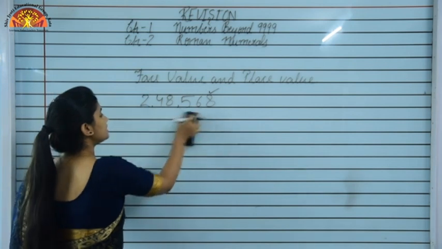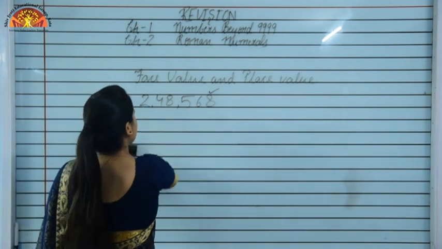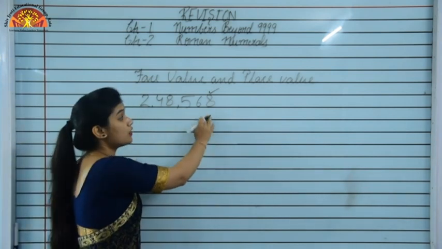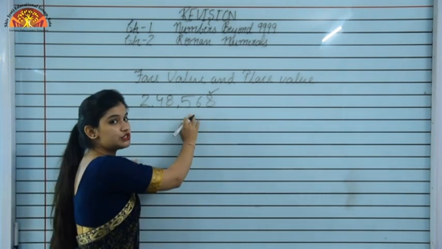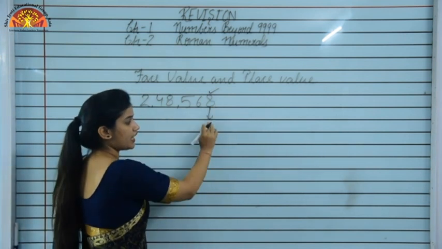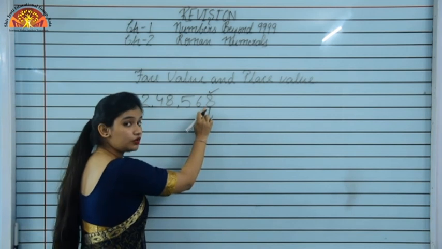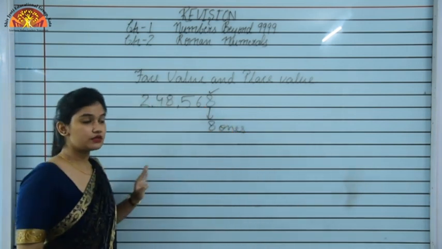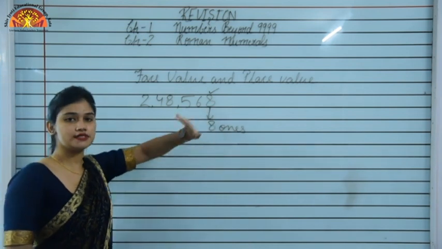Now to find the place values, we have to observe the position of a digit. At which position is your digit coming? Now look, the first digit is coming at ones place, so the place value of 8 is 8 ones. Understood? Because it is coming at ones place.